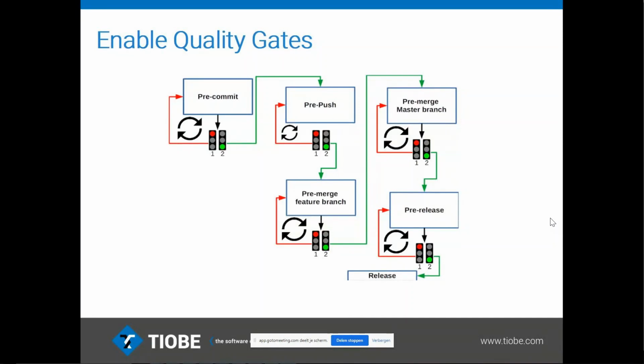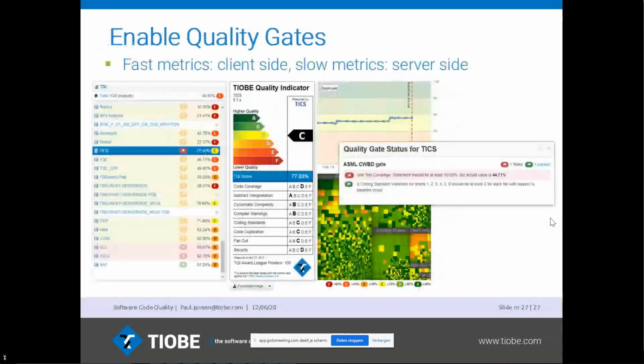And there's also something I would like to recommend to you. What we see is that if you have a metric that can be calculated during development and it can be done very fast, then please put it as close to the engineer as possible. So suppose we are talking about coding standard violations. Most of them you can check as you type.